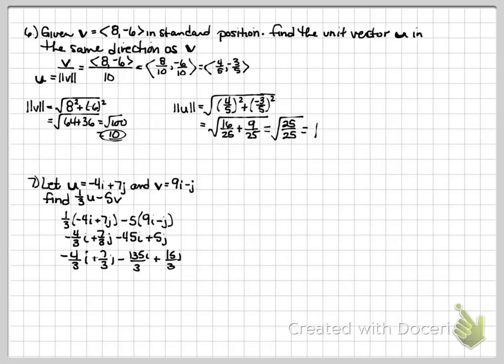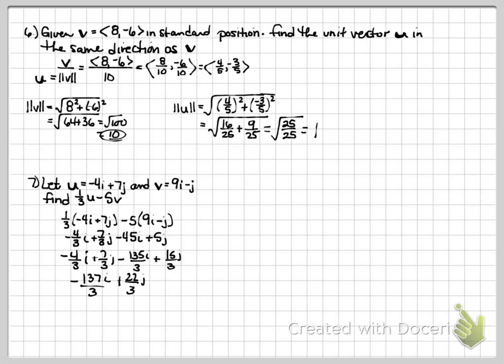So negative 4 minus 135 is negative 137i over 3. 7 plus 15 is 22j over 3. Alright, so there's our result, our final vector in linear combination form.